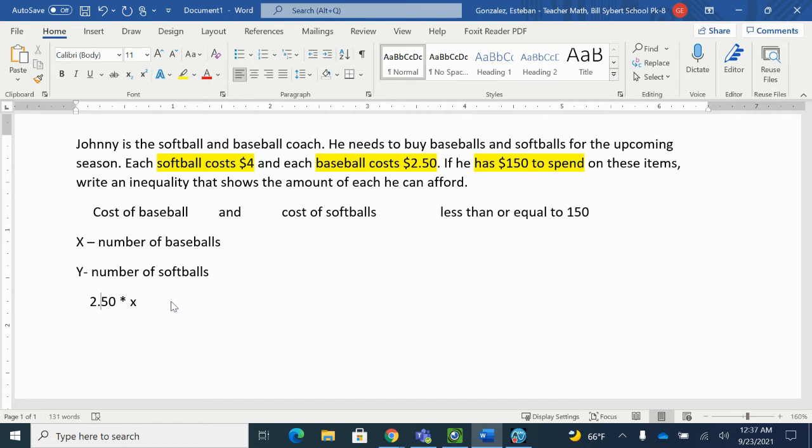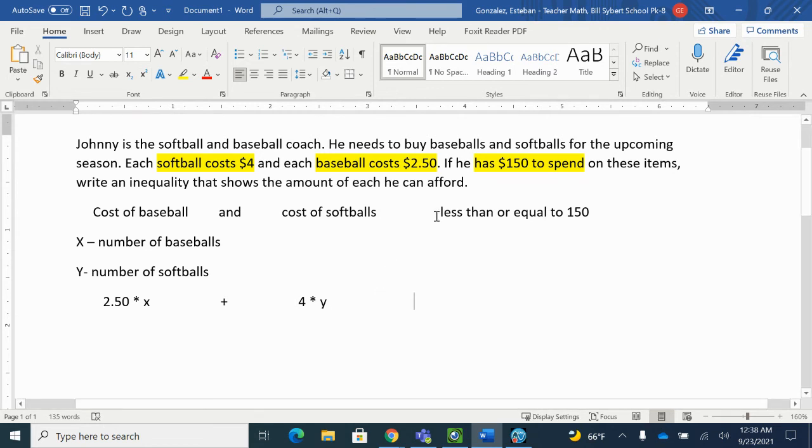So the cost of the baseballs I get by multiplying $2.50 times the number of baseballs. And if you guys remember, combined is just a fancy way of saying plus. Why? Because I'm combining those two costs. How do we find the cost of softballs? Well, it's $4 per ball times the number of softballs that I'm buying. So here it's 4y.